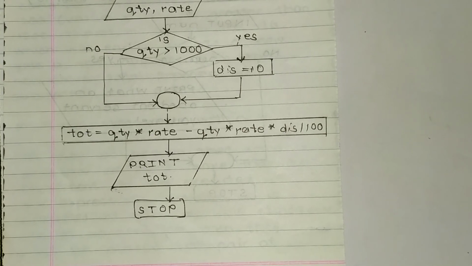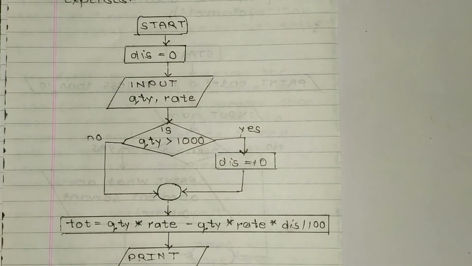So again we will see this flow chart. First it was start, then initial discount was 0, so this is equal to 0. Now input was quantity comma rate, so inputs were quantity and rate.